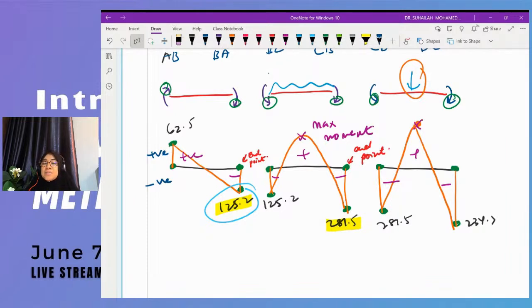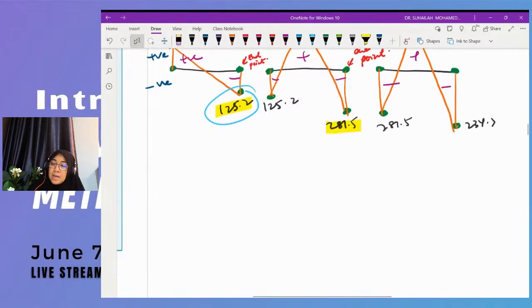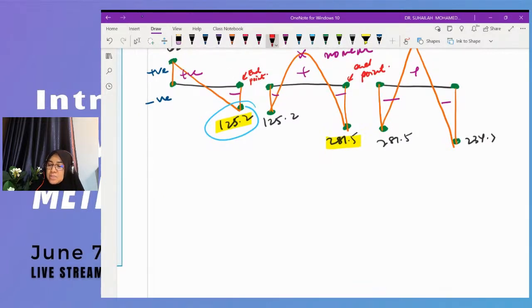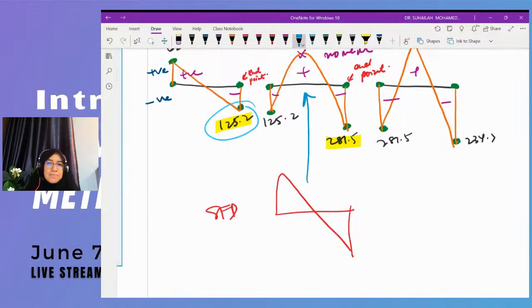Sometimes there is no maximum moment, sometimes it has. It will have maximum moment whenever there is an intersection in the shear force diagram. When the shear force diagram is like this, it means that it has maximum moment.